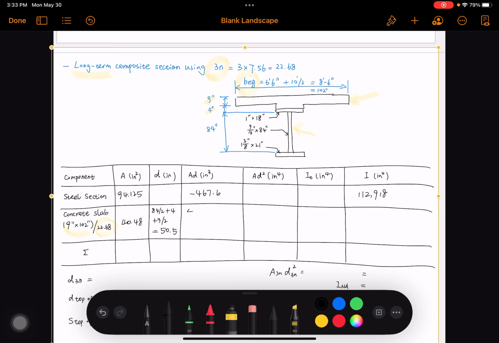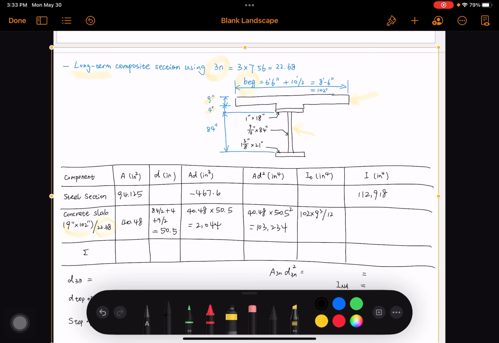AD is 40.48 times 50.5, equal to 2044. AD squared is 40.48 times 50.5 squared, equal to 103.234. I naught is 102 times 9 to the cube divided by 12.